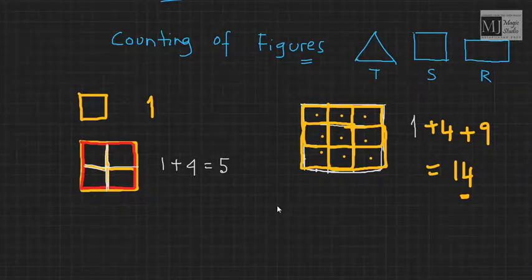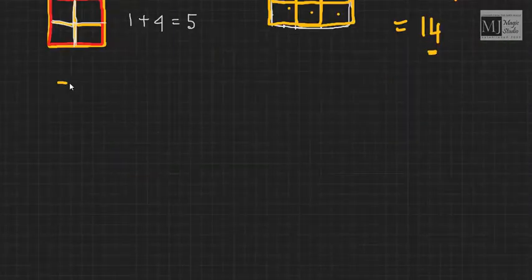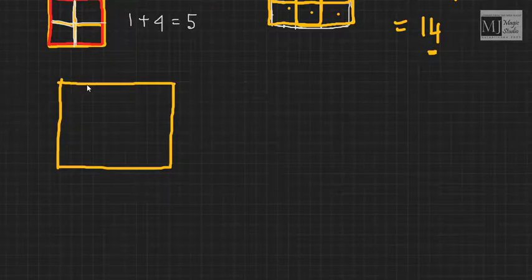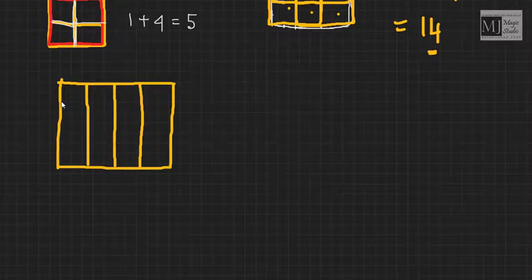Now you want to know the trick, how we can count the number of squares on a square board without actually counting? Suppose I have a square, and inside the square I have 4 columns of equal width.